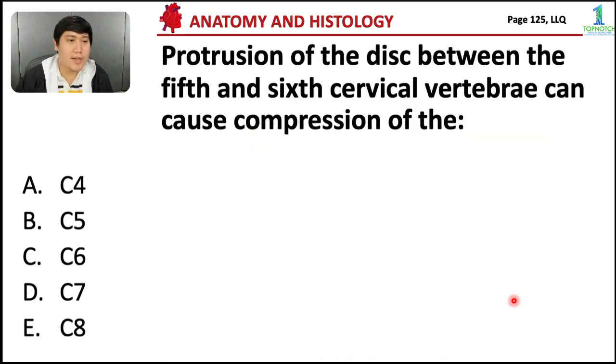Okay, so clinical correlation. Protrusion of the disc between the 5th and 6th cervical vertebrae can cause compression of, between C5 and C6, the C6 nerve root exits. So when you have herniation of the disc between C5 and C6, you get compression of C6.